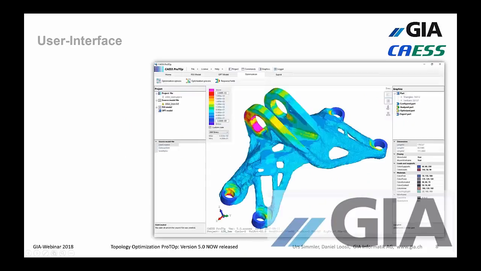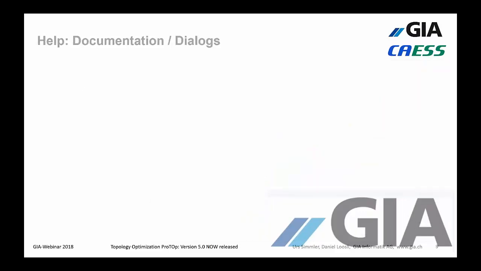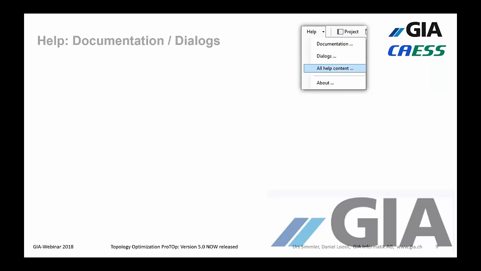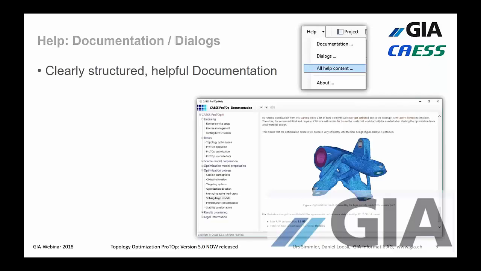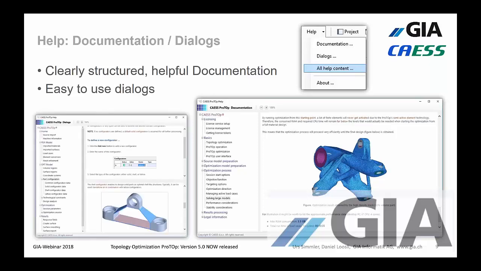The first thing is when we are looking at the new interface, we can see it's more intuitive. I would say it's much easier to learn than the old version 4.6, and the user interface is flexible, so you can learn it in a very short time, because there's also a nice help documentation in ProTOp.